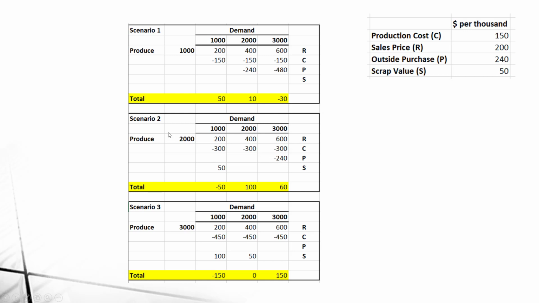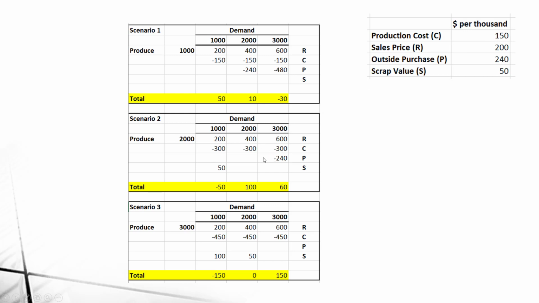So you can certainly see the sales price is going to be the same for each one. What's happening if we produce 2,000, now in this case, then our production cost is 2 times the 150.